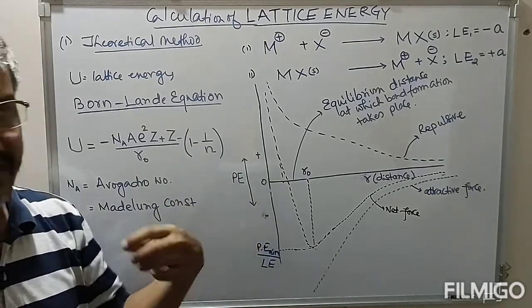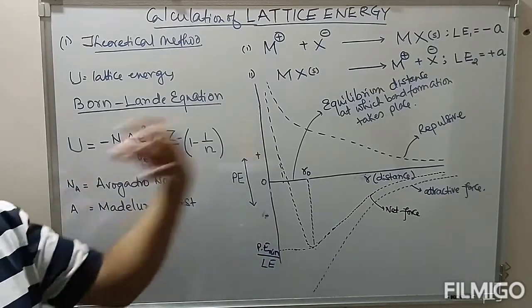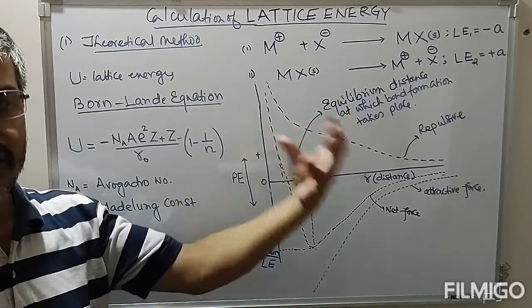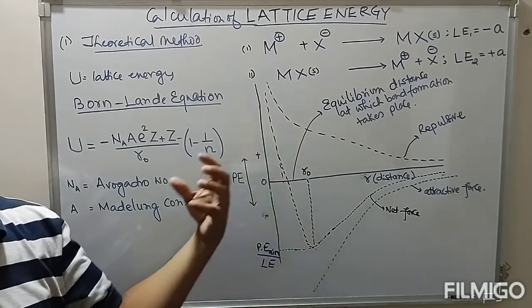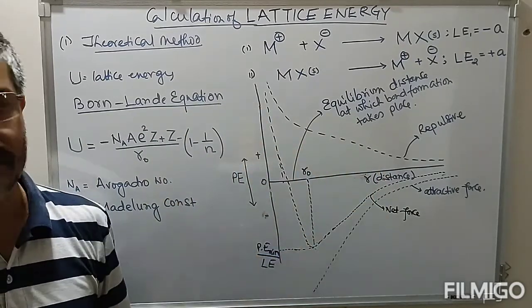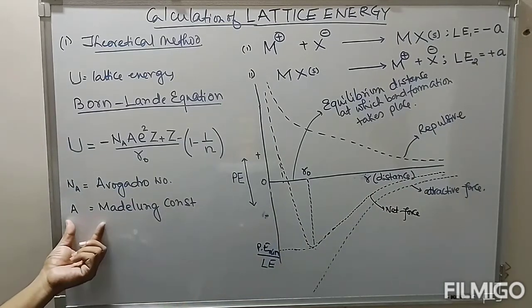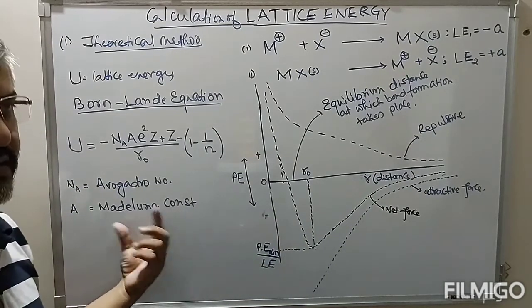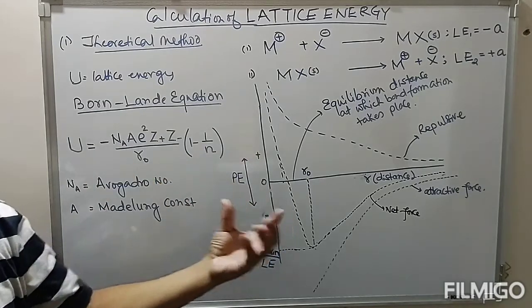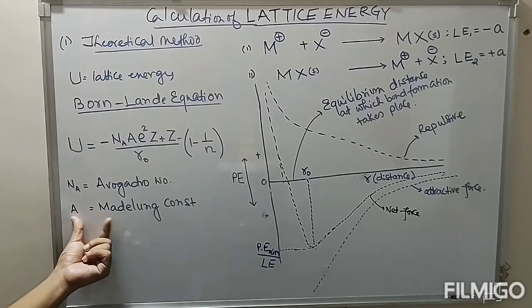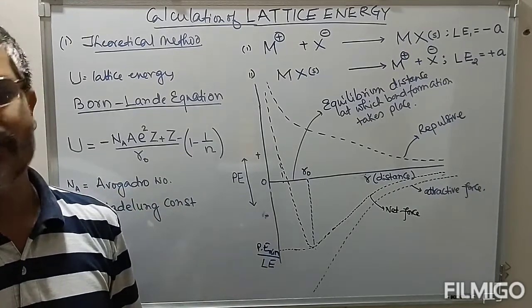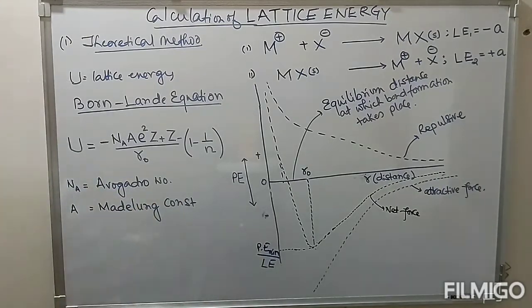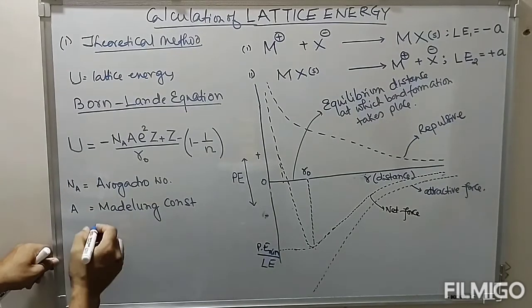We are not going to deal with this in detail, because each ionic compound has some regular arrangement of the ions in space, which gives rise to crystalline structure. That crystalline structure, how the ions are arranged, the coordination number, the distance between the ions, all this is taken care of by this constant known as the Madelung constant. So for each and every crystal, we have different values of this A.